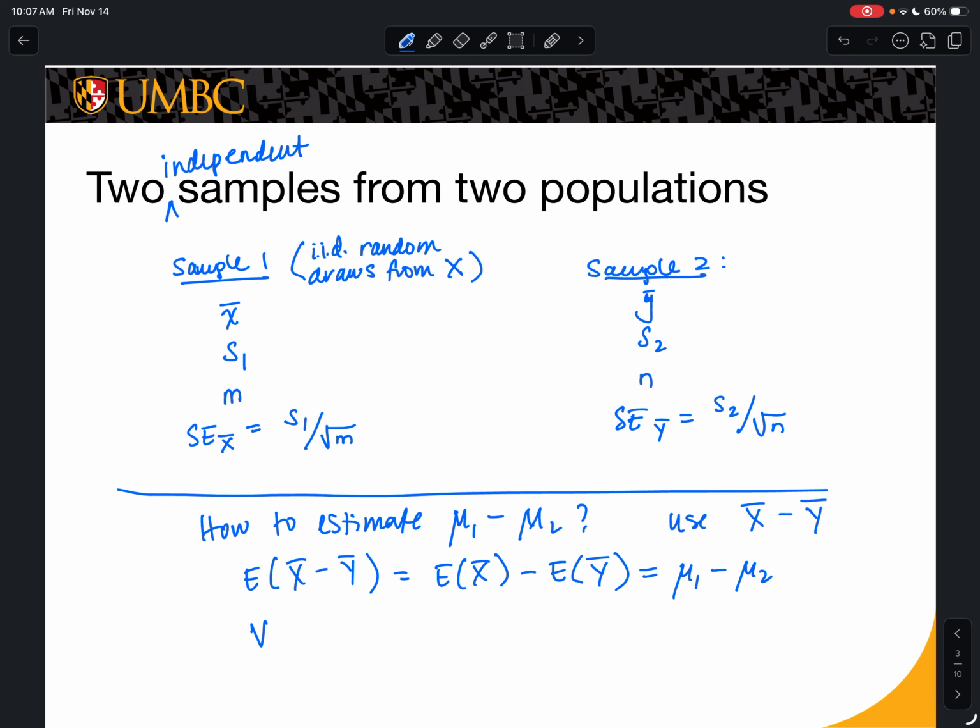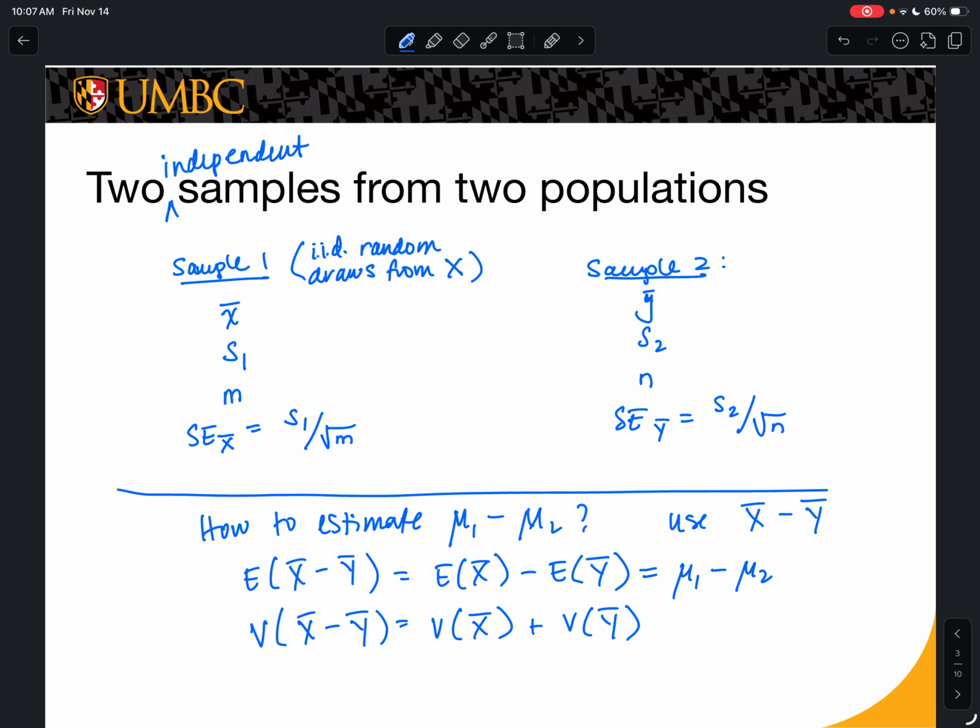We also know that the variance of x bar minus y bar is going to be the variance of x bar plus the variance of y bar. And we know that because, remember, you have to square the coefficient of each random variable when we're thinking about a variance of a linear combination. These guys are independent of each other, which is why we can even do this.